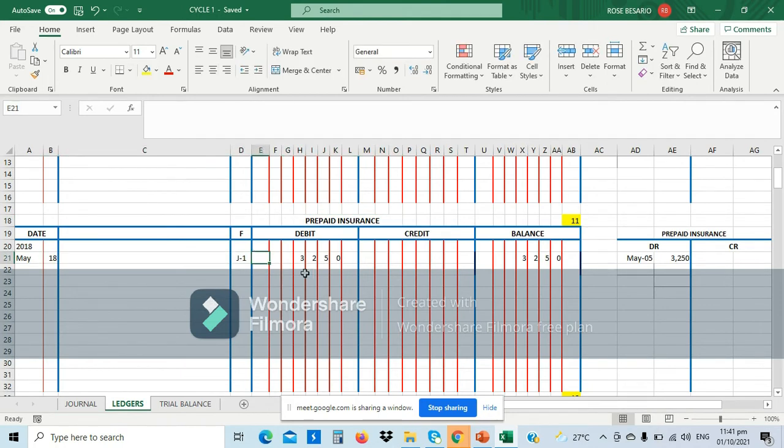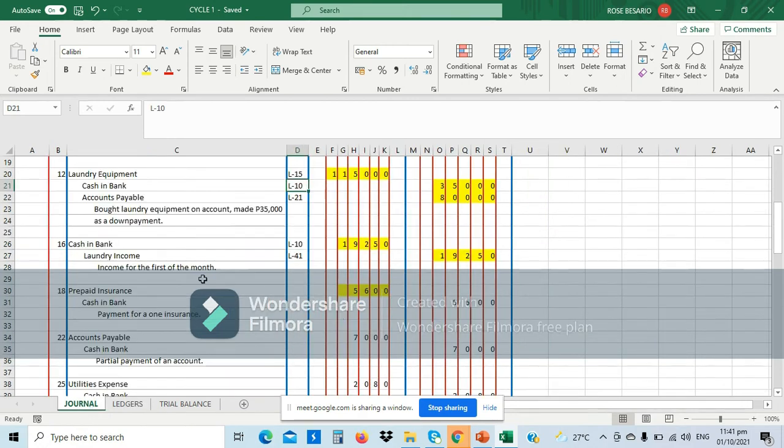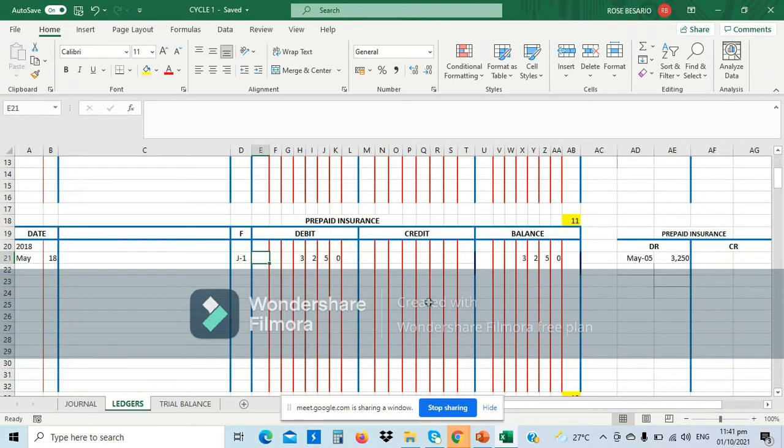Then from journal page 1, and how much? 5,600. And then extend 5,600. Okay, and then this is May 16, and that is 5,600.